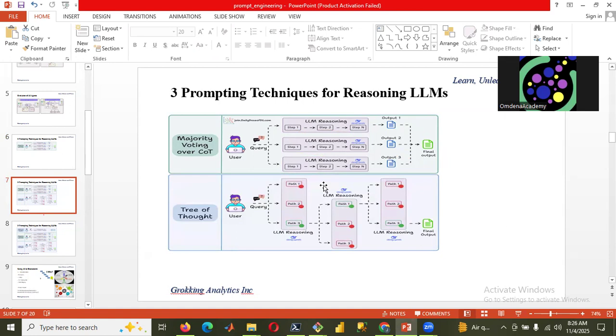Here we have the tree of thought. What the tree of thought is simply saying is that instead of chaining the large language models in parallel, you chain them in series, but then you send in your query in such a way that you tweak your query in three different ways.